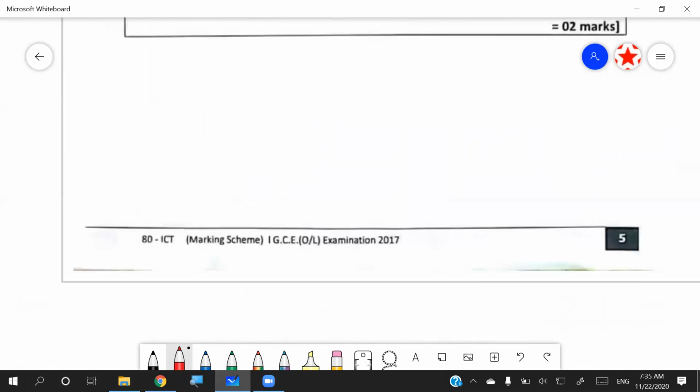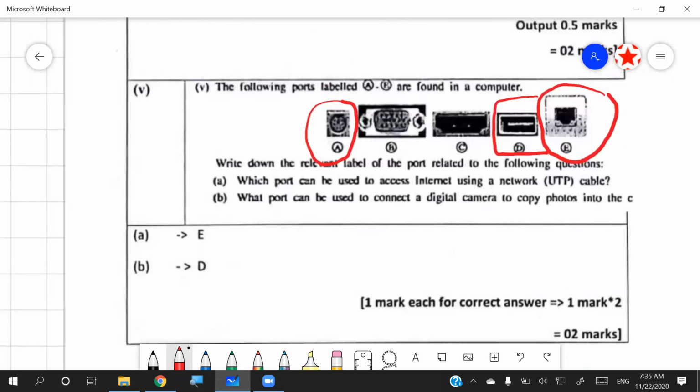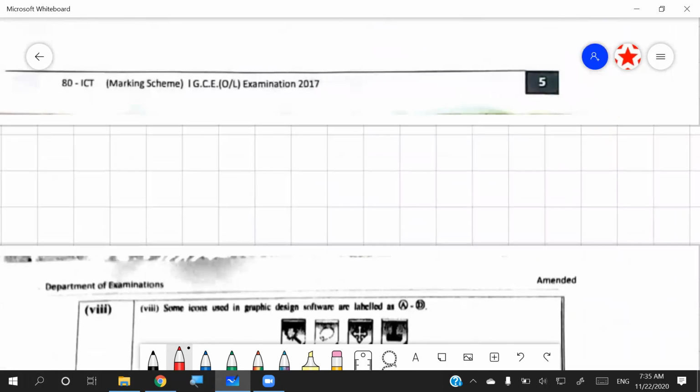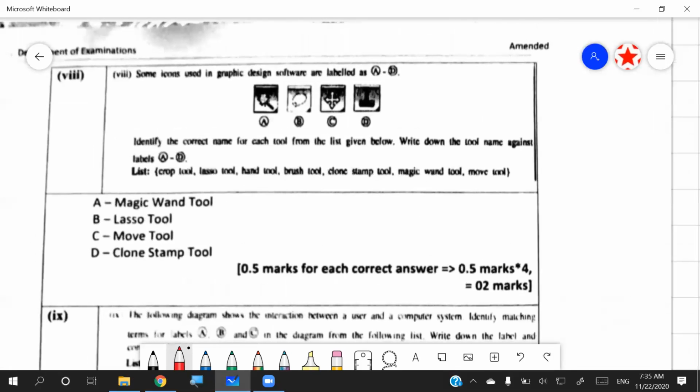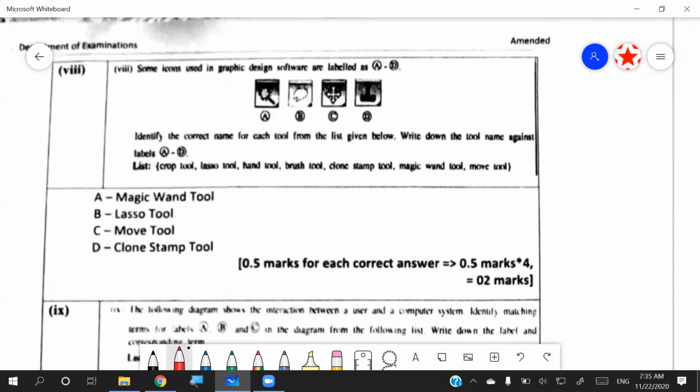Sorry, the 8th one. They are asking about the matching part. Some tools are given and you are asked to match the names.